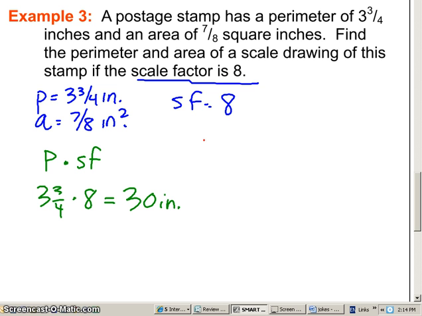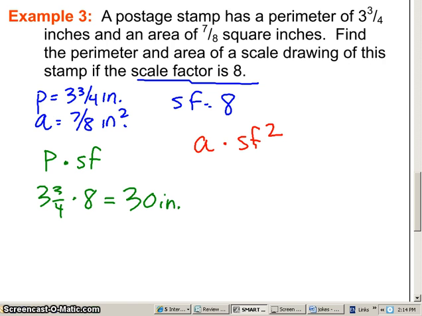And for the area, you take the original area and multiply it by the scale factor squared. Why for area? Area finds the measurements for 2 dimensions. So it's going to be length times width. It's going to be squared.